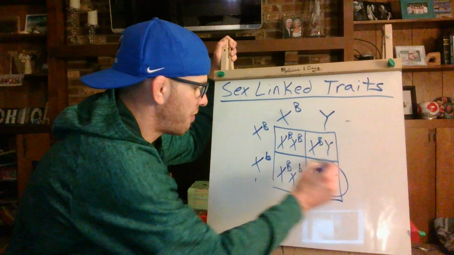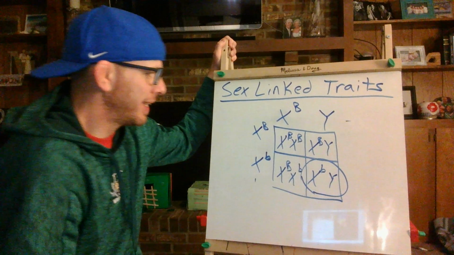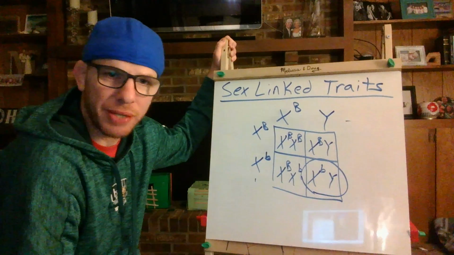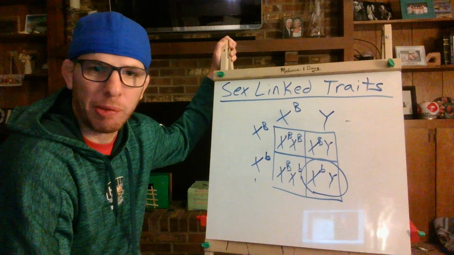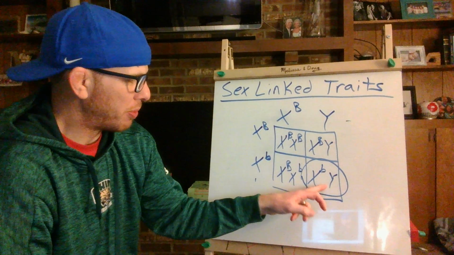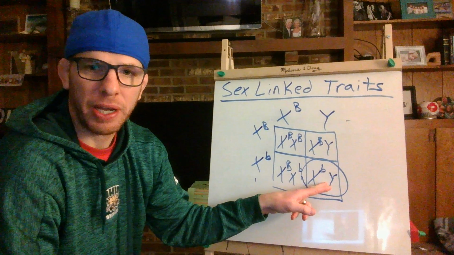There was a 25% probability that that male pattern baldness, a sex-linked trait, would be passed down to me. And guess what? It actually went down to my brother too. So that shows us that even though it was a 25% chance, one does not rely on the other.